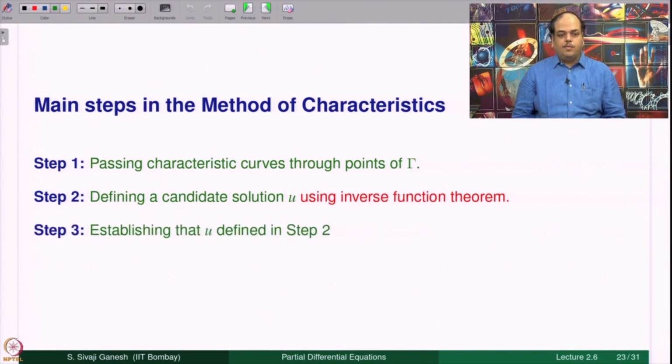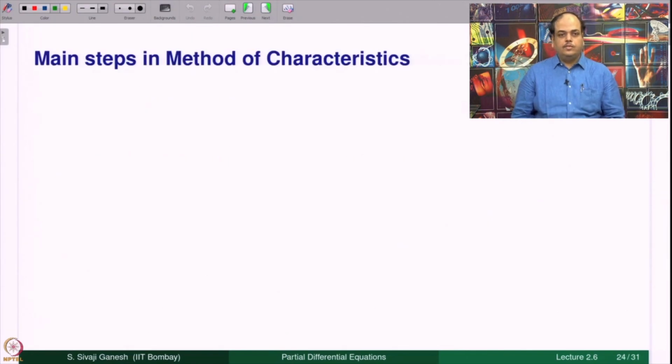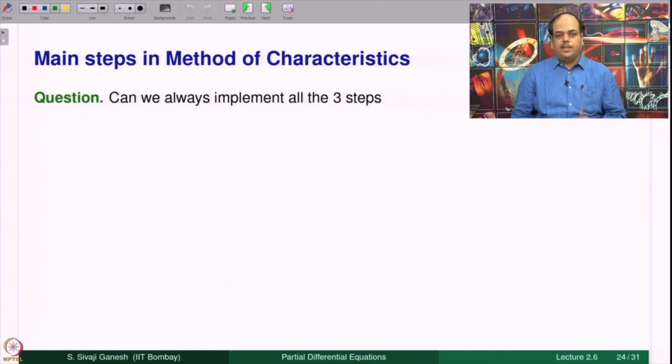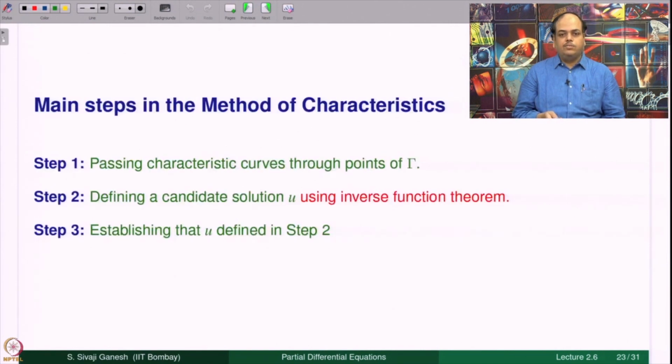Step 3 is establishing that the function u defined in step 2 is actually a solution to the Cauchy problem. Question: you have given 3 steps, can we always implement those 3 steps successfully? That is a question. Step 1 is okay. What is step 1? It is to pass characteristic curves through points of gamma.